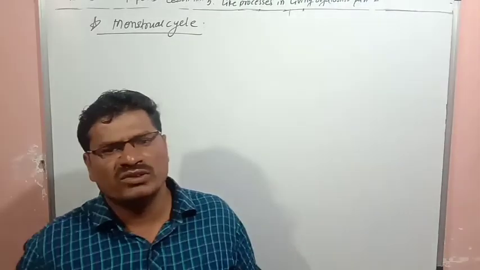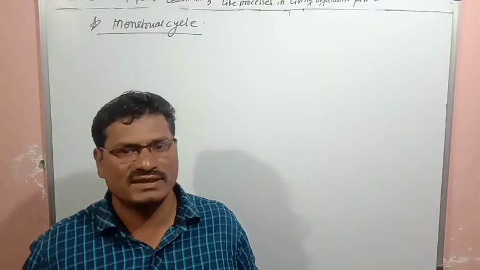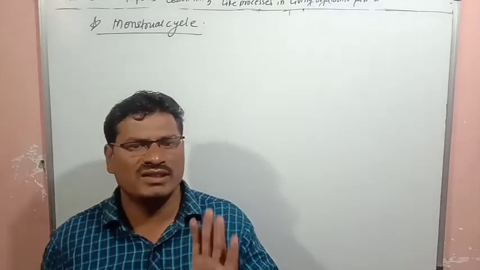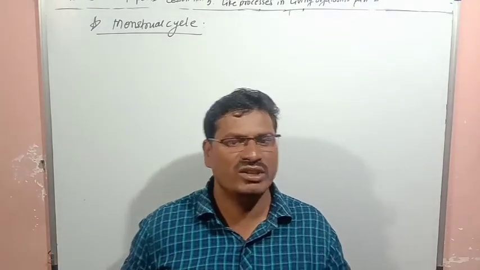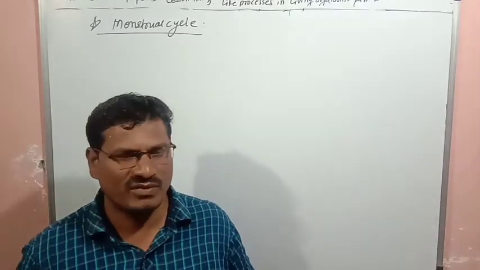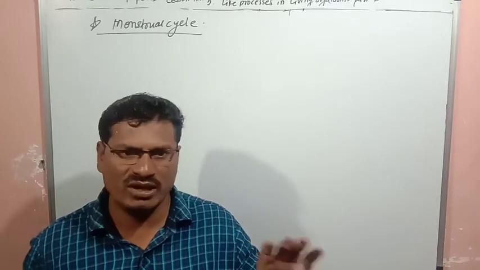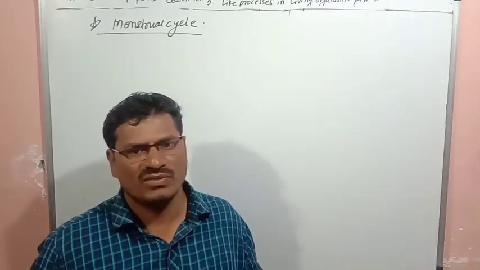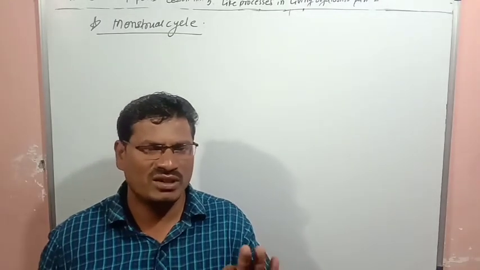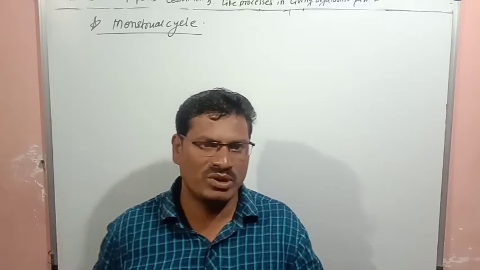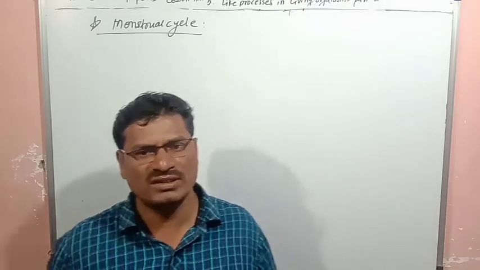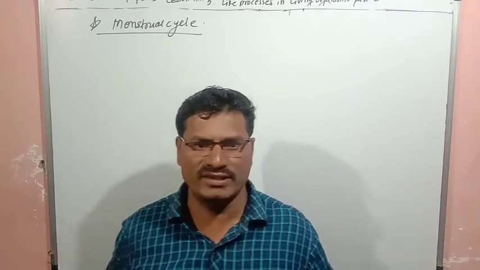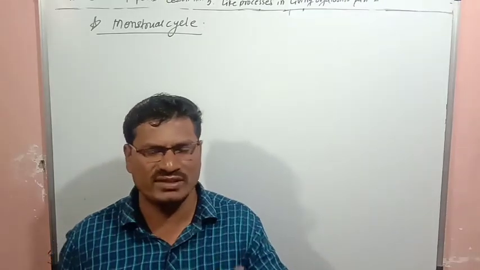Female reproductive system undergoes some developmental changes, occurring at the time of puberty or adolescence, and those changes are repeated after every 28 to 30 days. It is called a menstrual cycle.